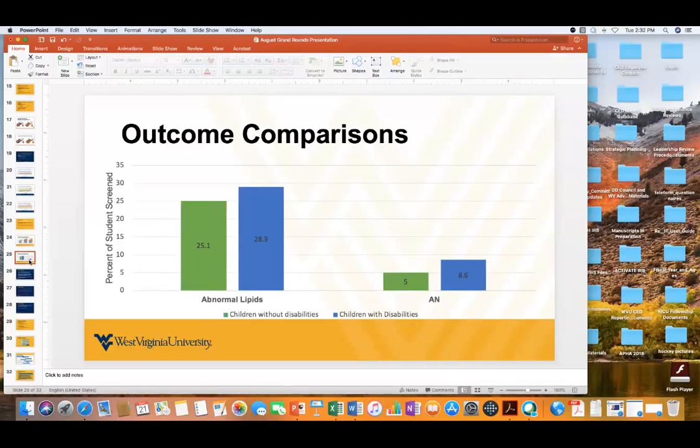Similarly, for any abnormal lipids, while it wasn't as significant, 28% versus 25%, kids with disabilities had a greater risk of abnormal lipids. And then AN was a higher prevalence. Okay. So what does this tell us?